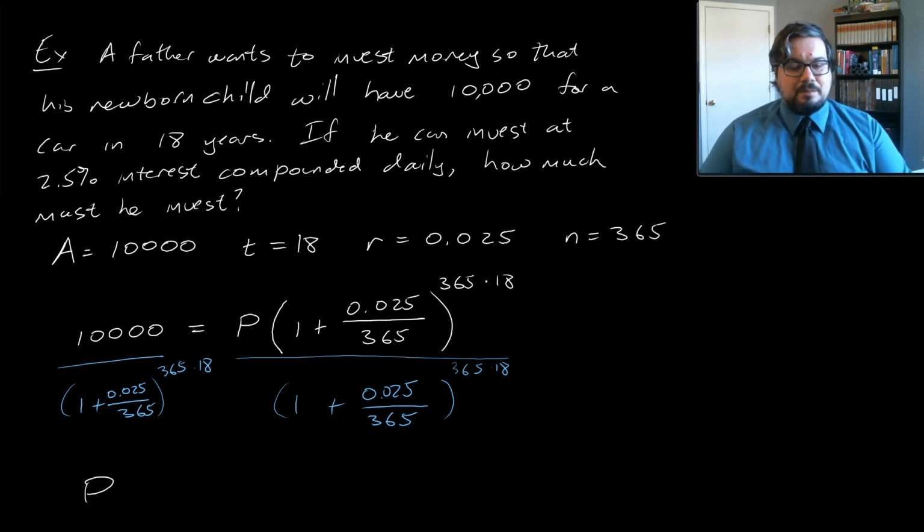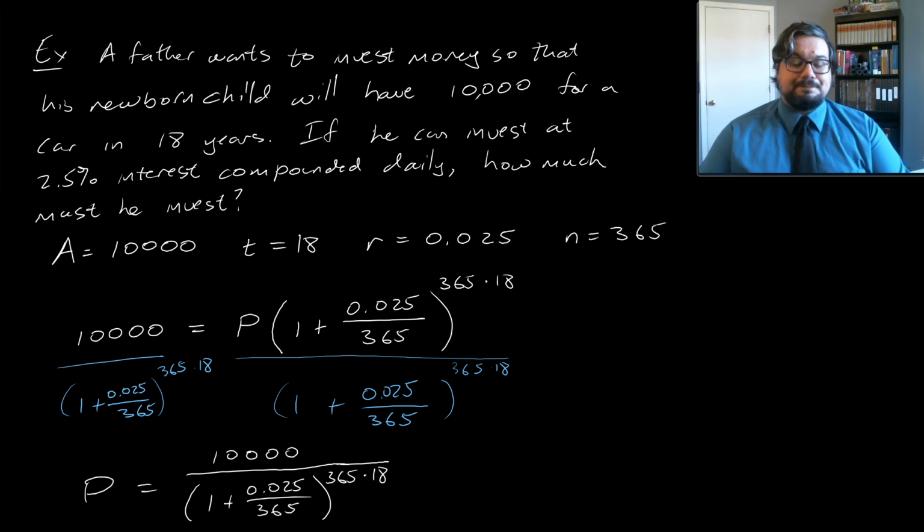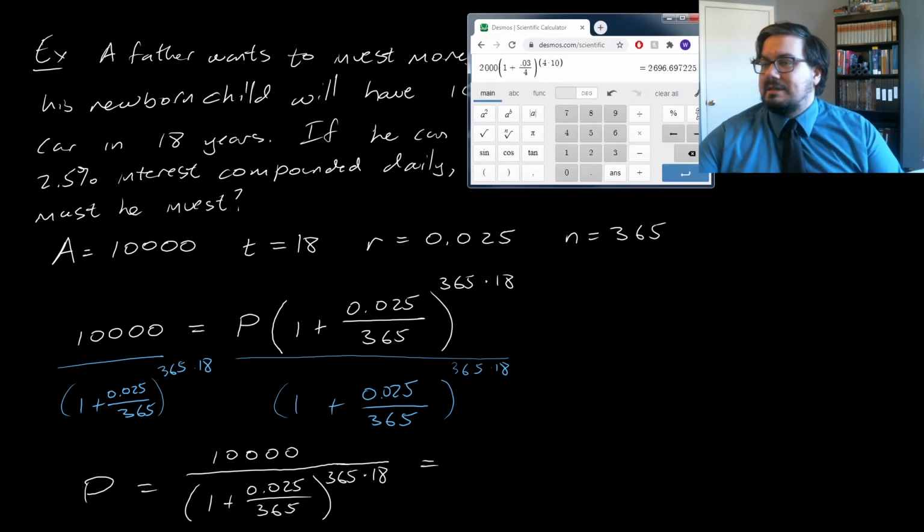So we get that the principal he must invest is equal to 10,000 divided by 1 plus 0.025 over 365 raised to the 365 times 18. And this is again something we can do all at once in the calculator.